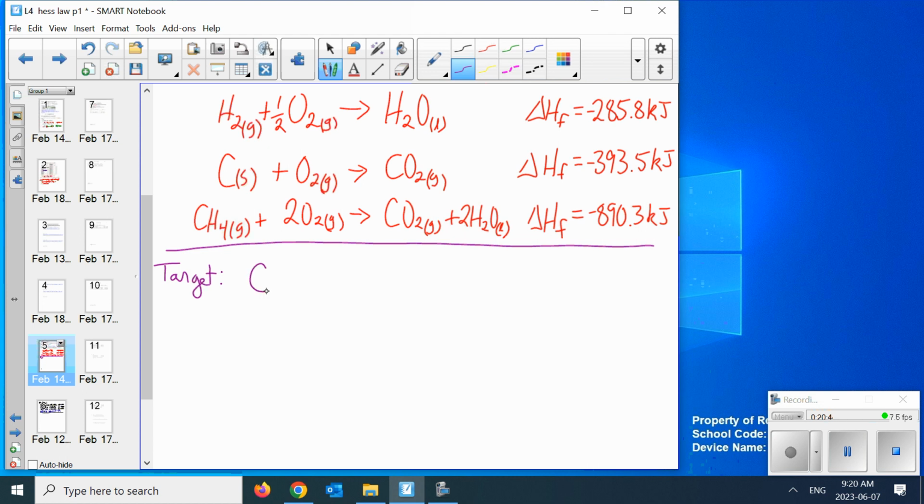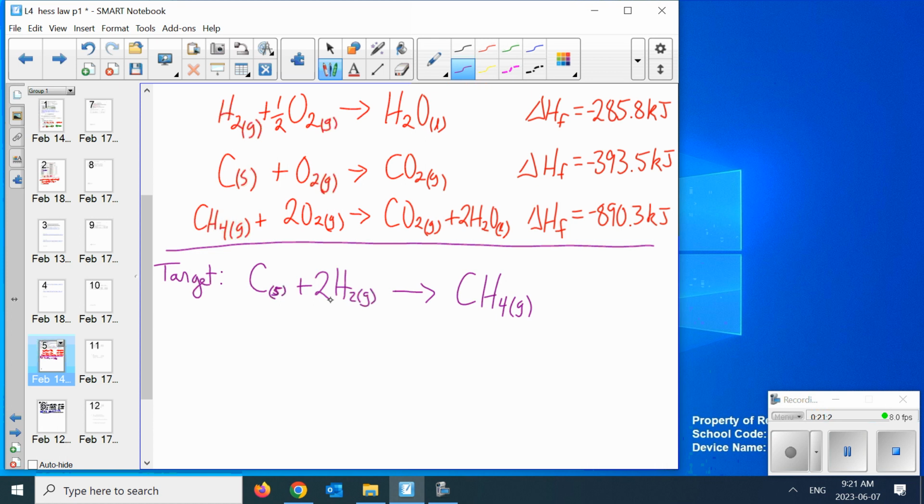So, carbon plus oxygen, or not oxygen, hydrogen, forming, oh, not arrow, CH4. I've got to balance this, and I just need 2 in front of the hydrogen. That's balanced.